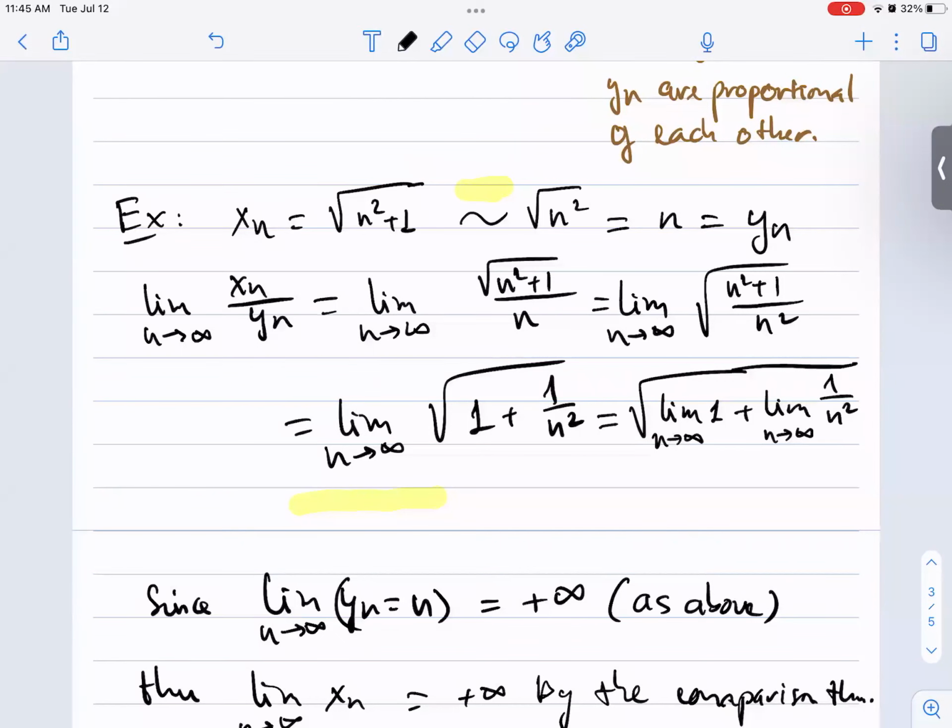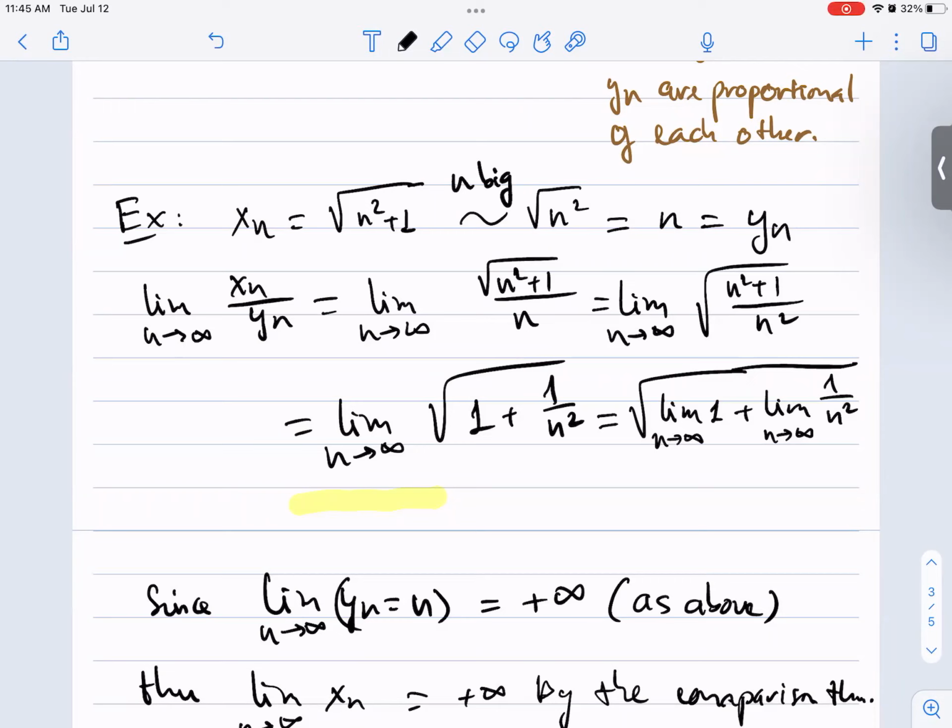That's why when n is big, we have the approximation that the square root of n squared plus 1 is approximated by the square root of n squared, which equals n. And that allows us to use the previous theorem.